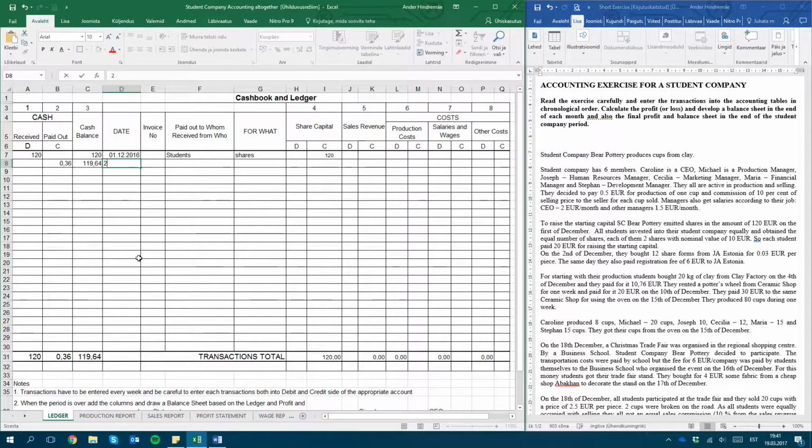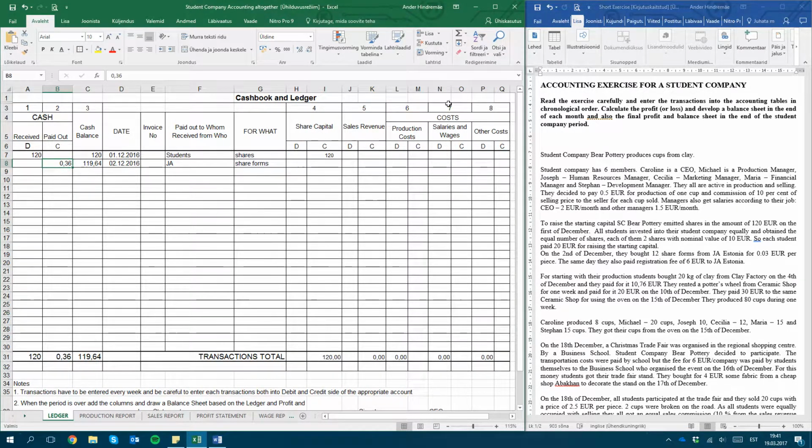And it was done on 2nd of December. Currently it doesn't specify any invoice, but if you have it, fill it in. It was paid to JA for share forms, and as I said before, the credit has to find its debit.